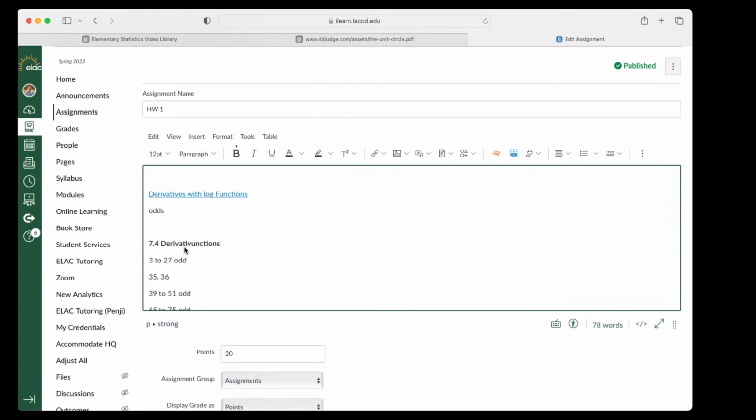And the 7.2 is derivative of exponentials.